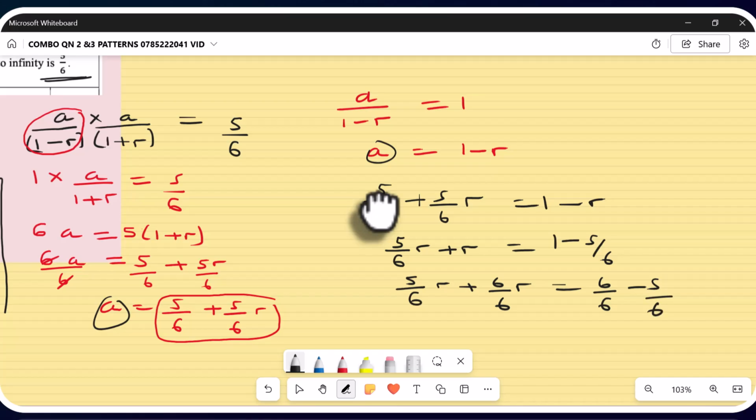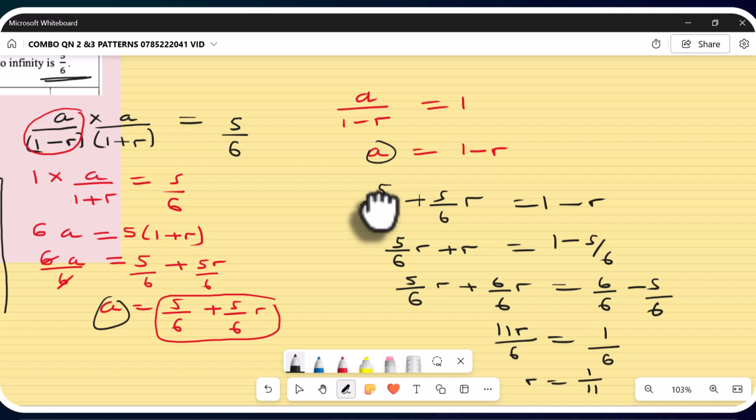So how do we find our Tn here? Our Tn equals the first term plus n minus 1 times d.